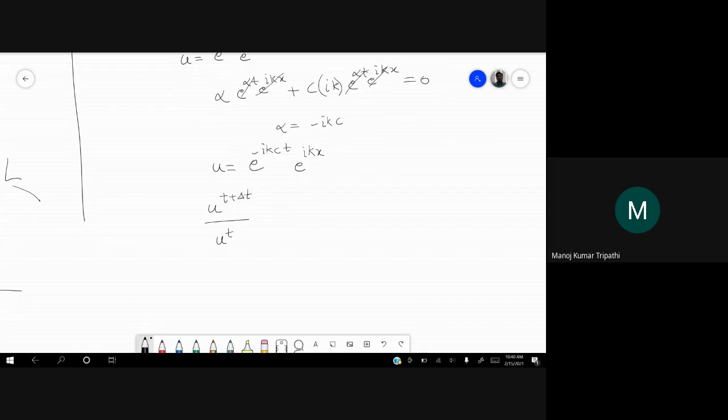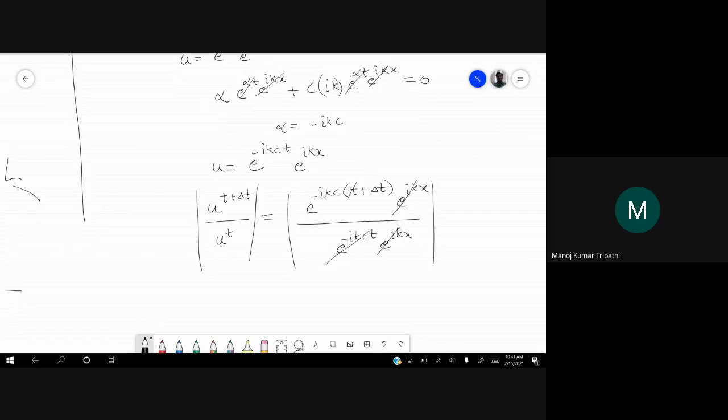So if we take the mod, this will be equal to e raised to the power minus iota kc (t plus delta t) iota kx divided by e raised to the power minus iota kc t iota kx, mod. Iota kx cancels out, t and this one cancel out.